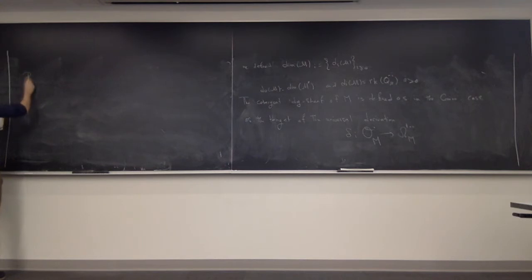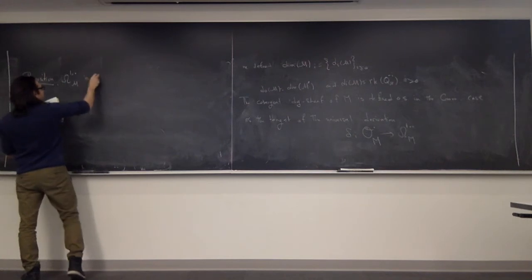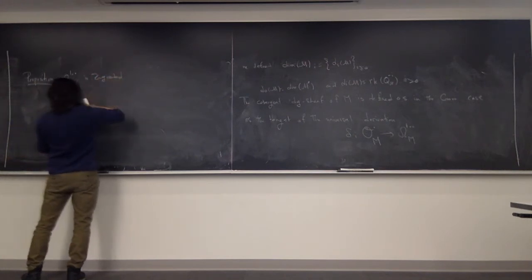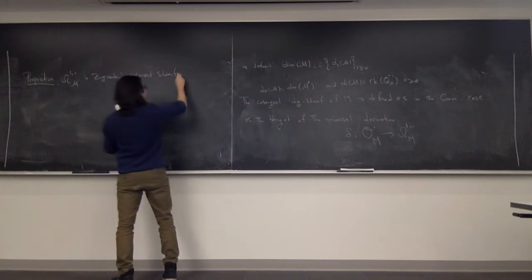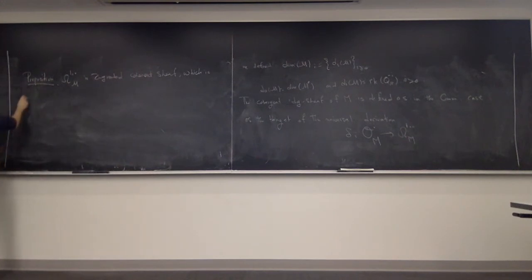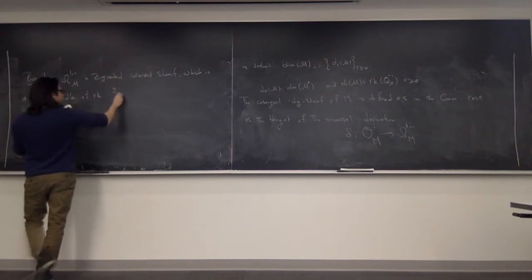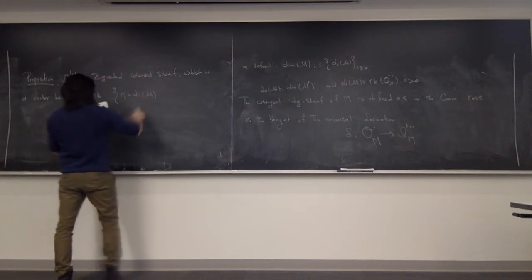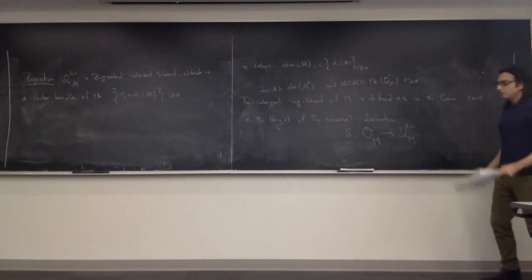And then the proposition: Omega^1 dot of M, the DG sheaf, is a Z-graded coherent sheaf, which is a vector bundle of rank d_i(M). So it's a filtered object, like that.